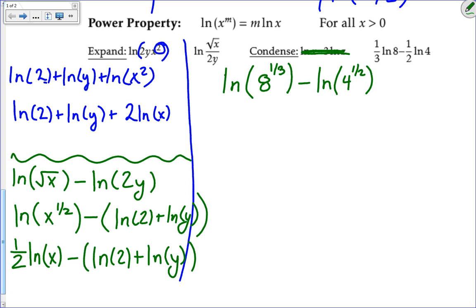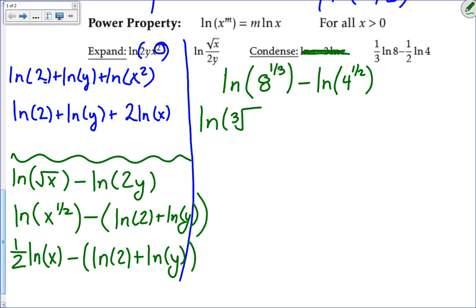So what is 8 to the 1/3? Is there a way we can rewrite that? There is, right? What did we say fractional exponents were? Roots. So this 1/3 is going to be what type of root? Cube root. And the 1/2 is going to be what type of root?